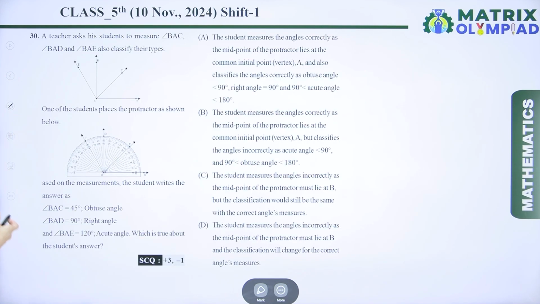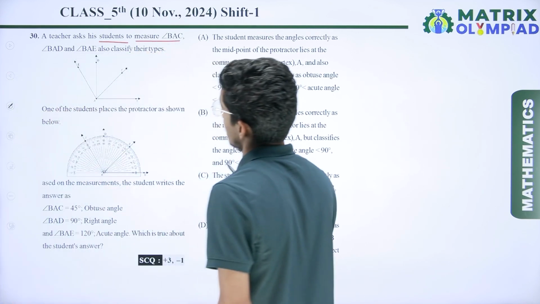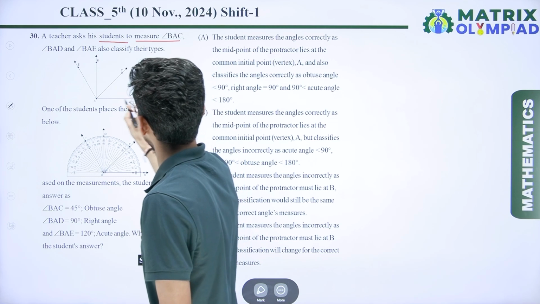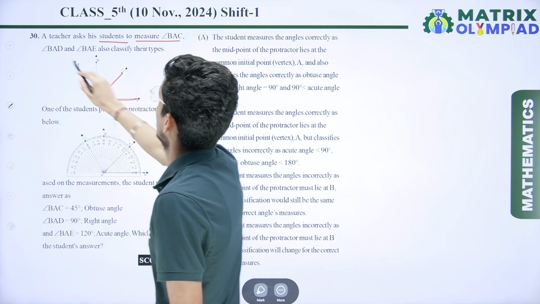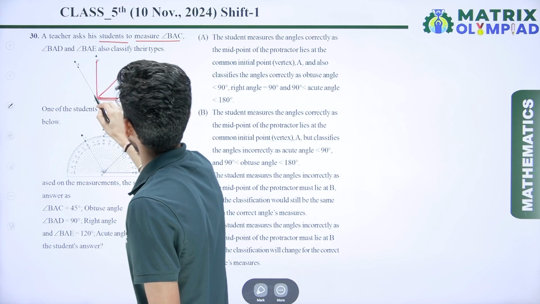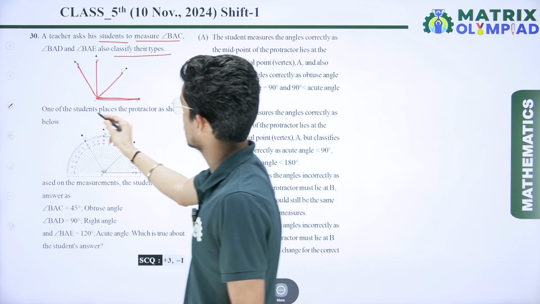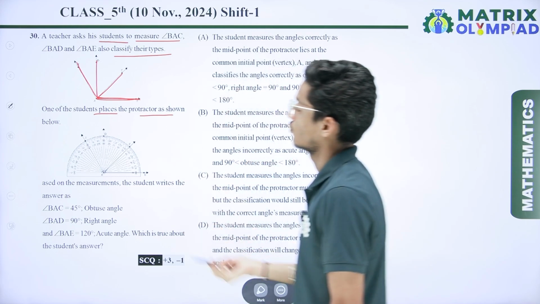Now the next question: a teacher asks his students to measure angle BAC, BAD and BAE and classify their types. One of the students places the protractor as shown below.